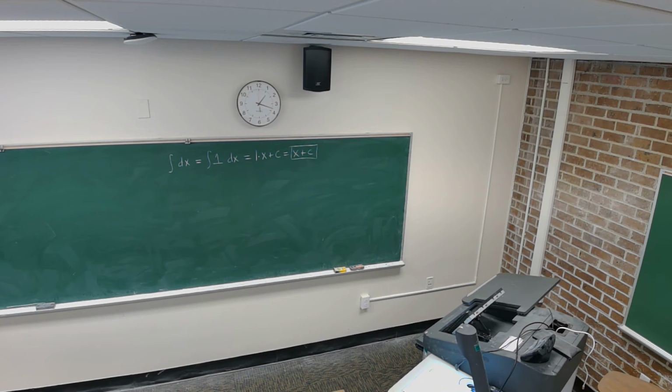And this denominator, n plus 1, can be pulled out in front of the x to the n plus 1 and written as 1 over n plus 1 times x to the n plus 1. Just so you see that this makes sense, take the derivative with respect to x of 1 over n plus 1 times x to the n plus 1 plus c.